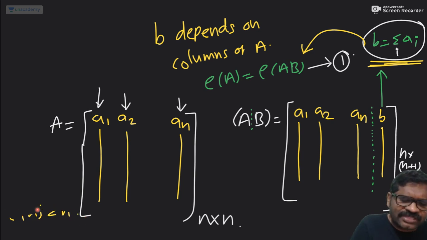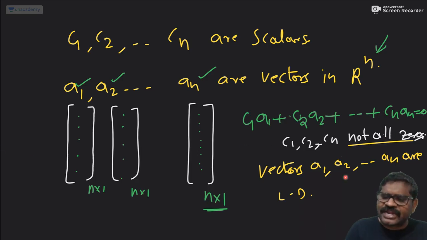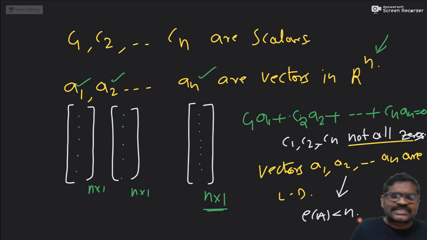How can we write this statement? By this statement, C1, C2, Cn are not all zero. By that, you can write rank of A is less than n. Rank of A less than n is one equation.